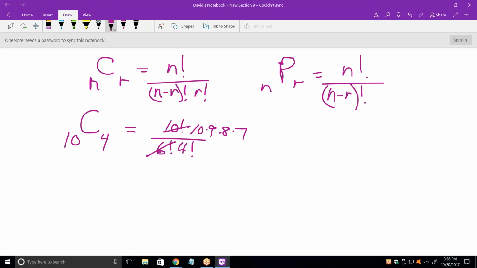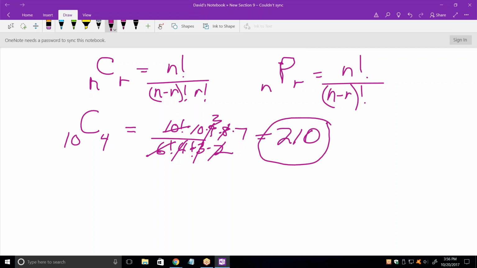Well, now we still have 4 times 3 times 2. I can cross that out, and the 4 and the 2 with the 8, and the 3 with the 9, and I get 210. You could figure out 210 different combinations of 4 books.